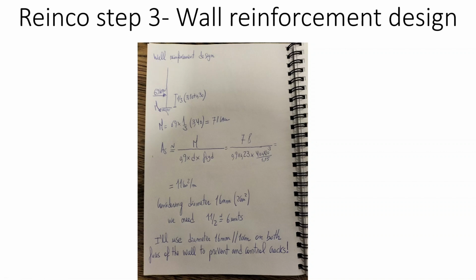So here I consider a diameter of 16. We need 6 units, and I always put some more. So this is going to give us 16 millimeters with a spacing of 15 centimeters, but in this case I used 10 centimeters on both sides of the wall to prevent and control cracks.